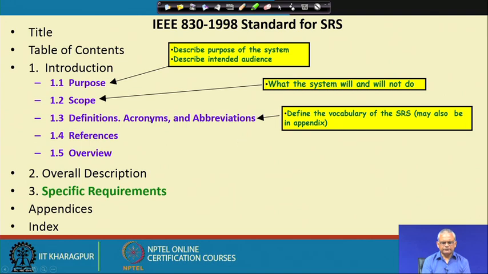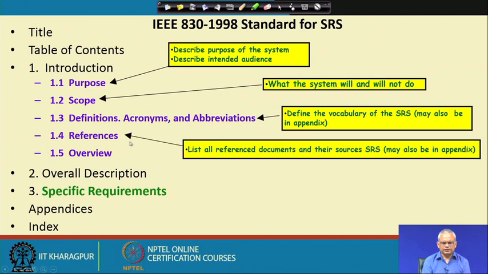Then there are the various terminologies like definitions, acronyms, abbreviations that will be used in the SRS document, but often in variation to the standard these are put under the appendix.